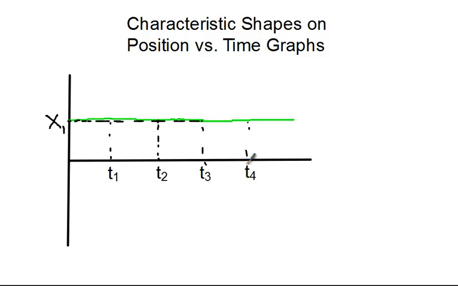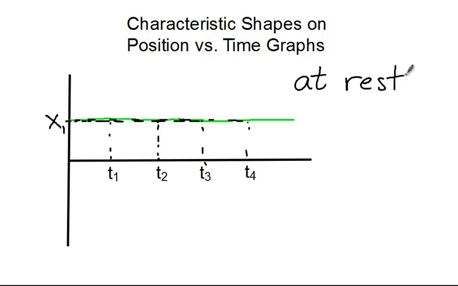At t4, still at x1. So how can we describe our object's motion for this shape on a position versus time graph? Exactly, the object is at rest. So when you see that horizontal line, you know that the object is at rest.